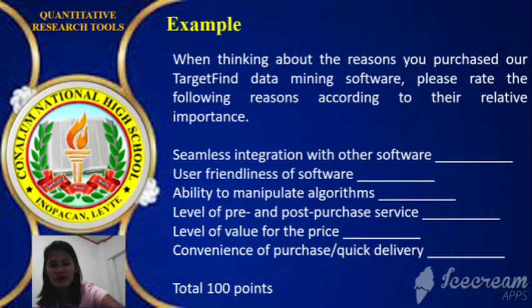As long as all these indicators are written: seamless integration with other software, user friendliness of software, ability to manipulate algorithms, level of pre- and post-purchase service, level of value for the price, convenience of purchases, quick delivery. You just have to give a value to each indicator, then total them and make sure the total sums up to 100 points.